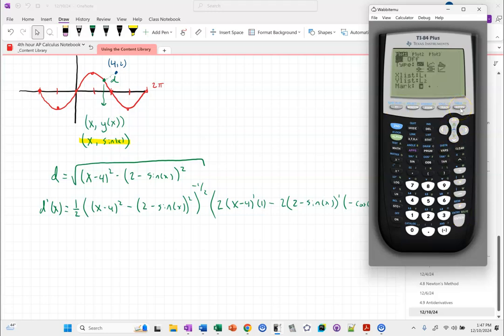Okay, it's all the way up there. Oh yeah, that makes sense. We've got to do better than that. Let's make that -10 to 10. So here's the graph of the derivative.